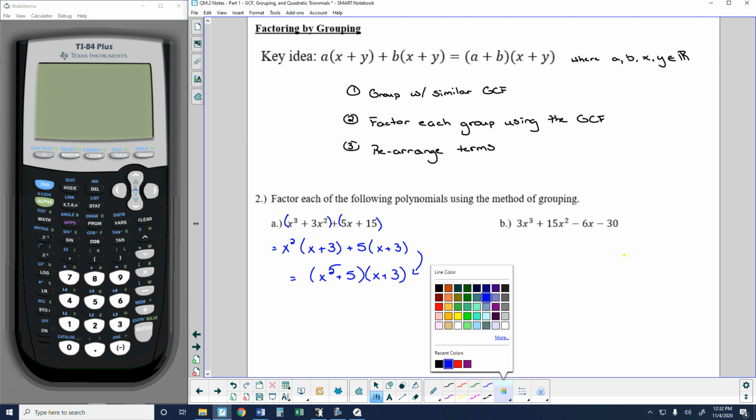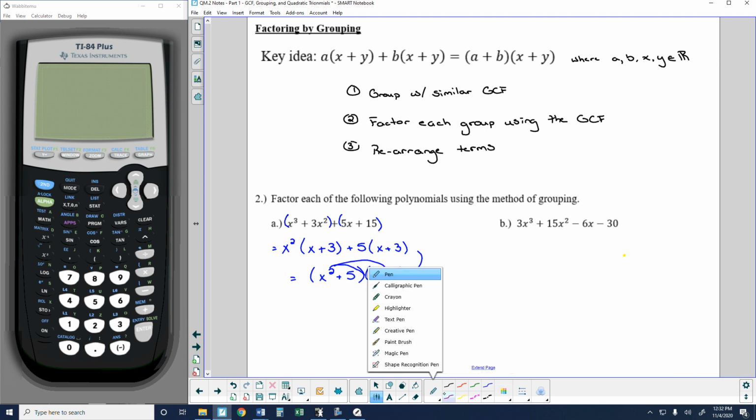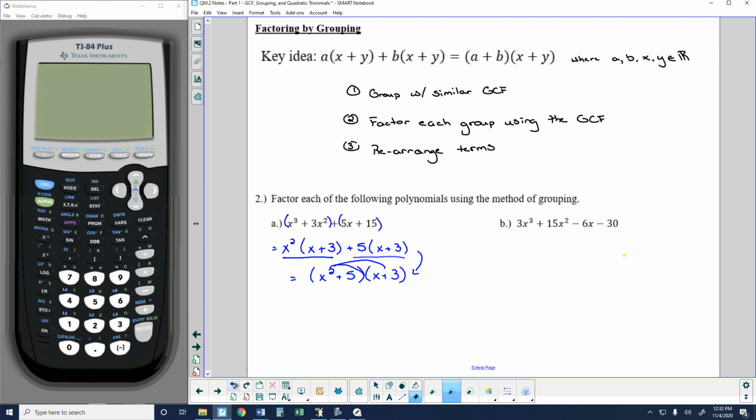If I were to distribute, I would take x squared times x and x squared times 3, which is what we list here. And then I would do the same thing with 5, which is what we list there. So what we're doing here is reversing the process of distribution to give us a factored expression of what we saw before, a polynomial with 4 terms. And so this would be my final answer.